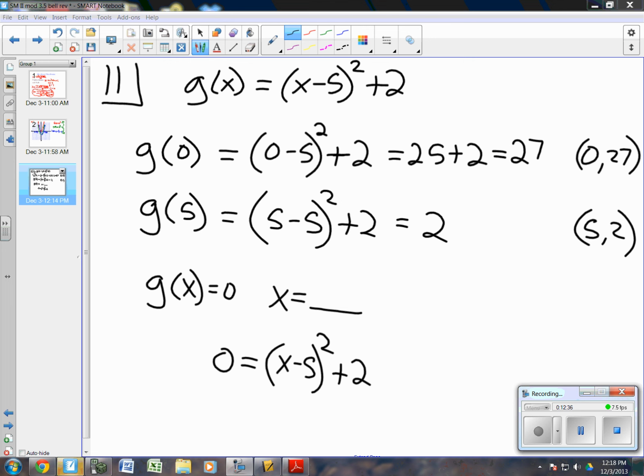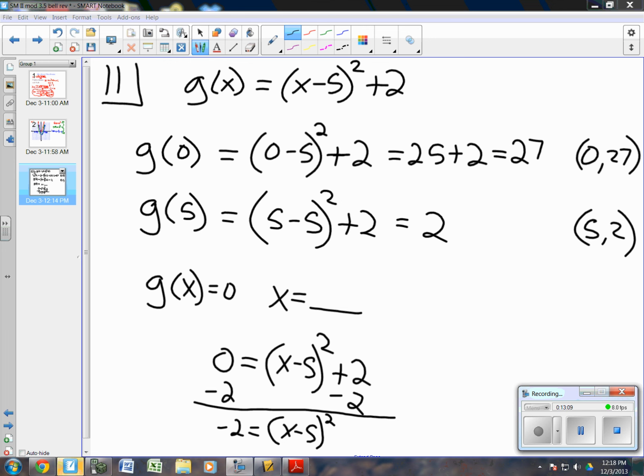The nice thing about this one, you guys, is we don't have to use the quadratic formula. Why not? Because it's in vertex form. When it's in vertex form, it makes solving for x easy. What do I have to do to solve for x right here? Just get x by itself. What would I do first? Subtract 2. So I'm going to subtract 2 from both sides, and I'm going to get negative 2 equals (x minus 5) squared.